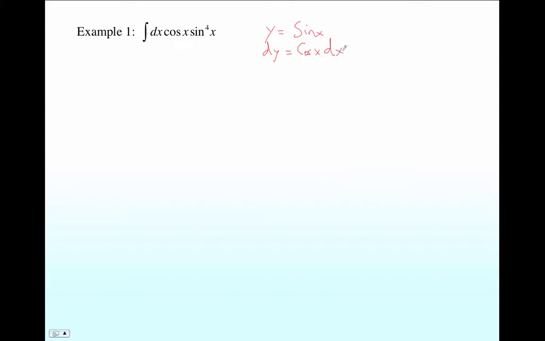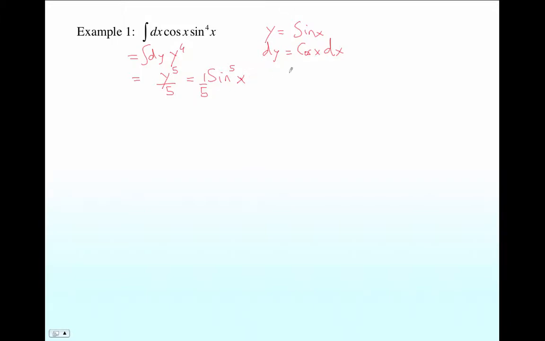And obviously we have cosine x dx right over here. So we can write, instead of cosine x dx, dy. Sine of x is y, so this is y to the power 4. And anyone can integrate this. This is y to the power 5 over 5. And so we get a fifth of sine to the power 5 x.